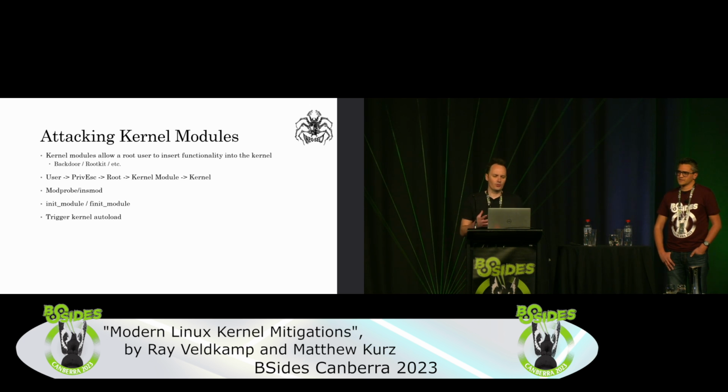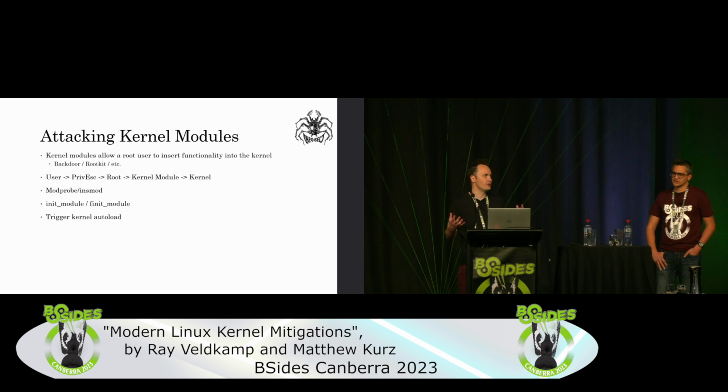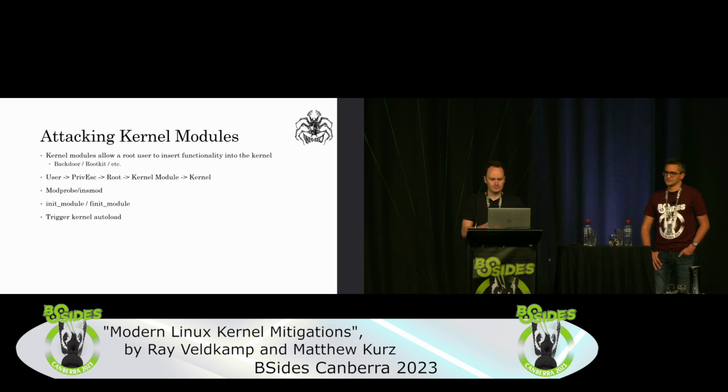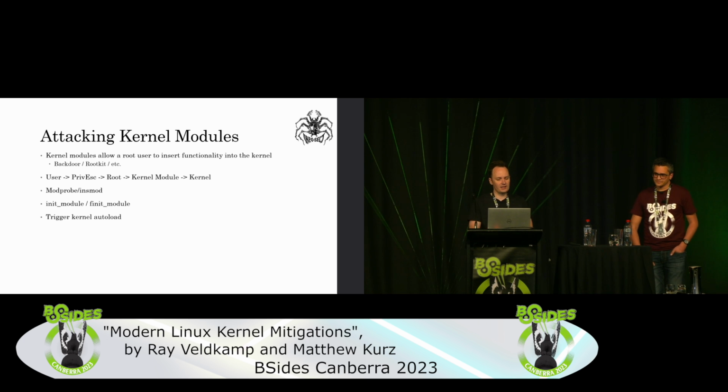And the general way something like this may occur is an attacker gets a foothold on a system with user privileges, and then they can do a privilege escalation to root. And at that point, what they can start doing is dropping kernel modules and loading them into the kernel. The reason they might want to do that is process stealthing, that is, hiding their activities from legitimate tools, or hooking netfilter to look at packets, et cetera.